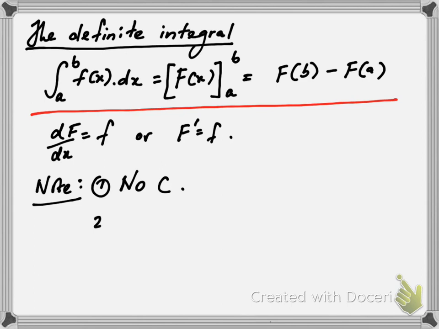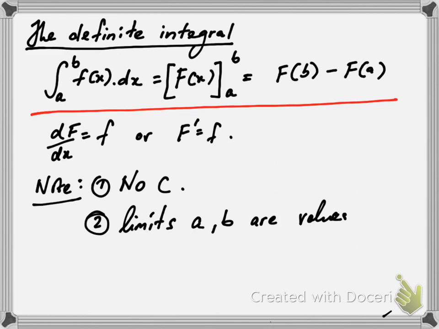The second thing you have to note is the limits, a and b, are values of x, if the integral is with respect to dx. So if it is dx, then a and b are values of x.